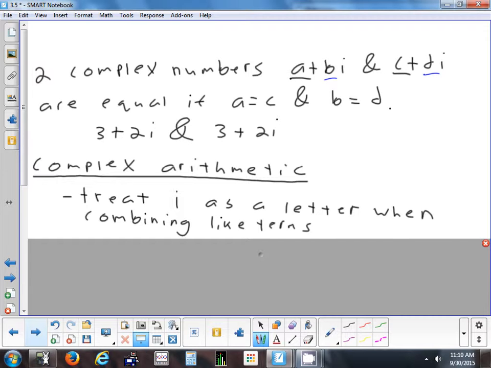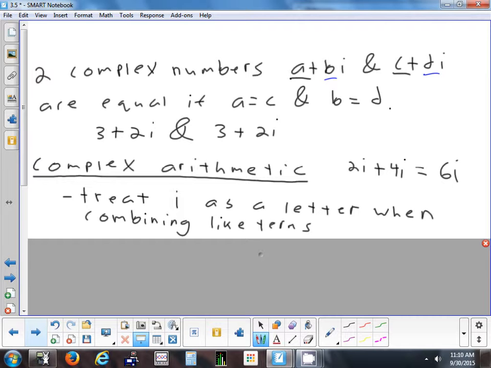In this lesson today, i is not a letter. i is a number, equal to the square root of negative 1. But if you think of it as a letter, it helps. If you have 2i plus 4i, it's 6i, kind of like in algebra 2x plus 4x is 6x.